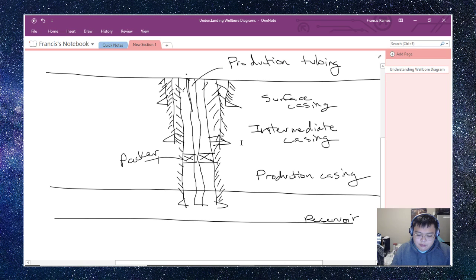But when we are actually designing the wellbore or the casing or the drill string, we go backwards in the sense of, how do I explain this?